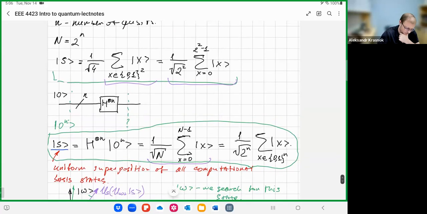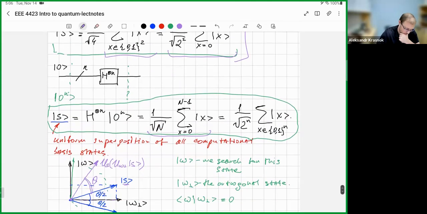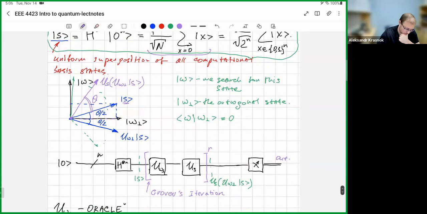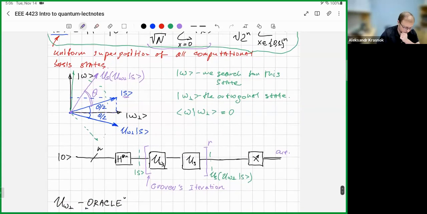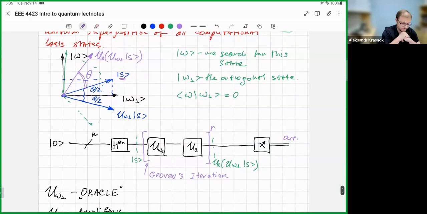Here is the formula for this superposition state, and this superposition state is one of the most important components of Grover's algorithm. In a nutshell, Grover's algorithm is basically the rotation of this superposition state over the orthogonal state to the one we are searching for.